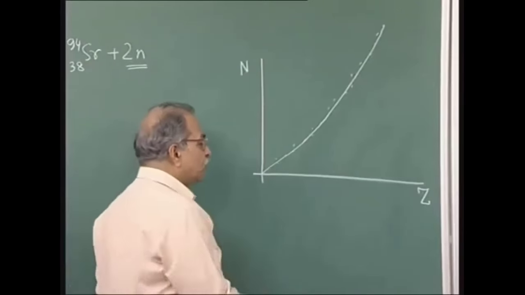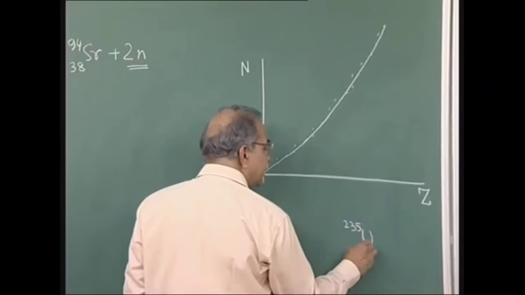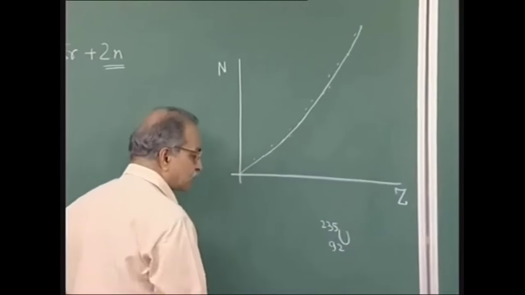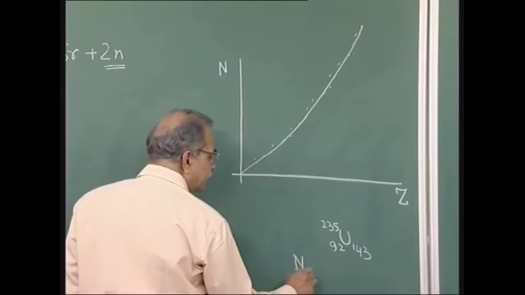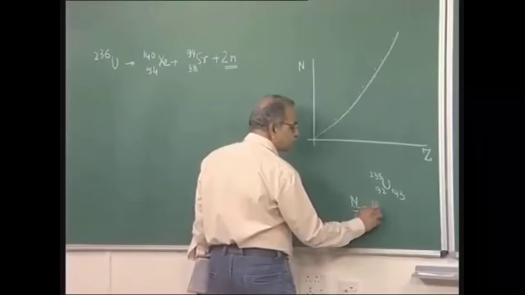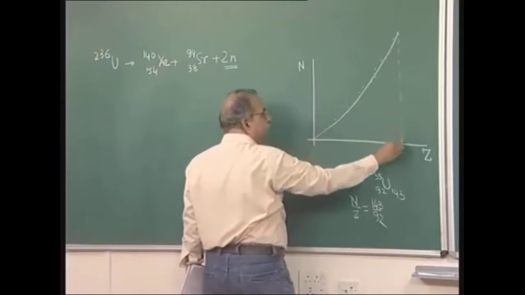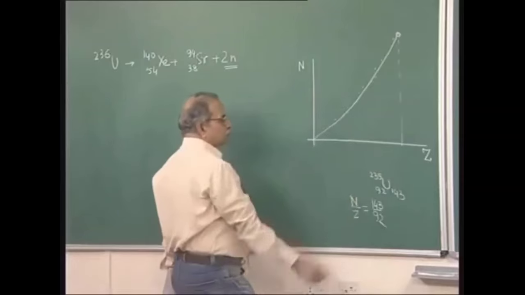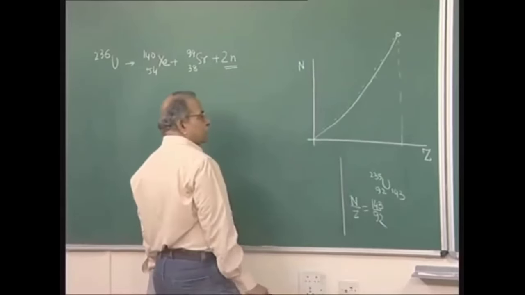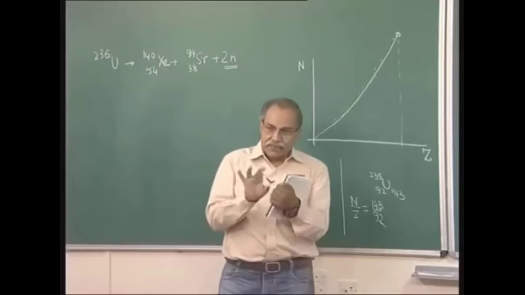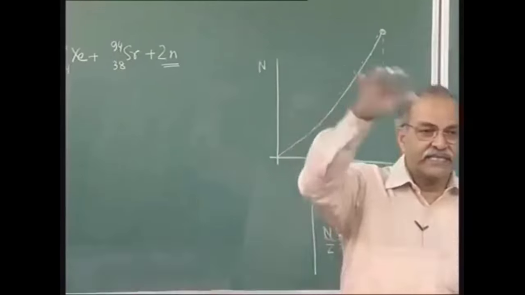For example, uranium 235 or uranium 238 has 92 protons and the neutron number will be 143. So, N by Z is 143 by 92, let us say somewhere here: 92 protons and 143 neutrons.